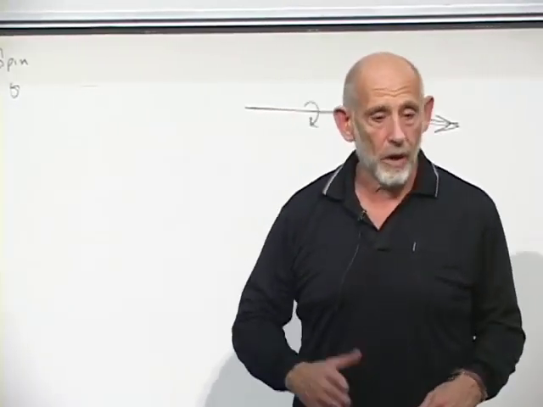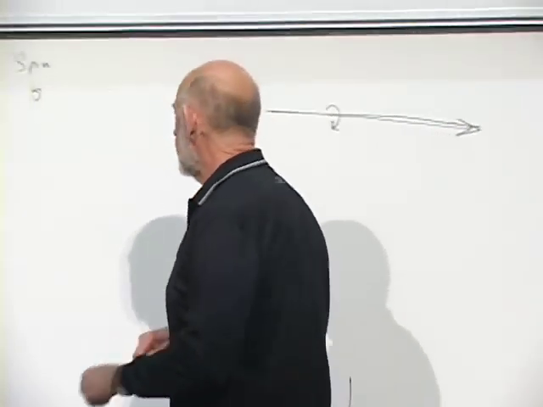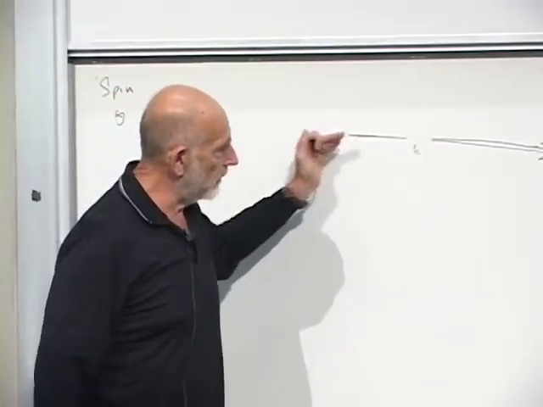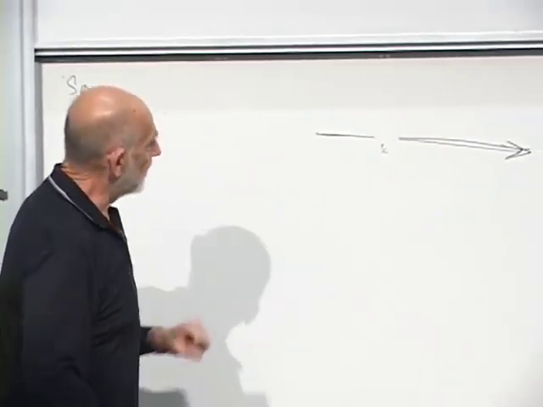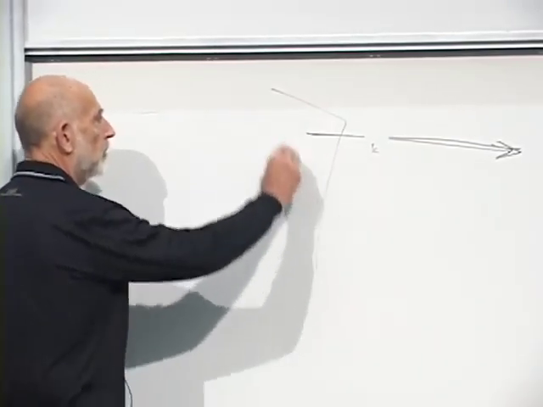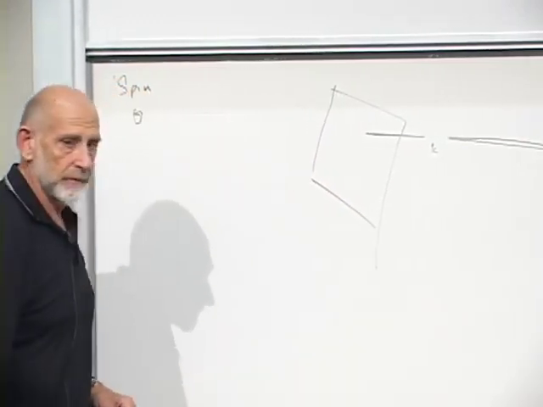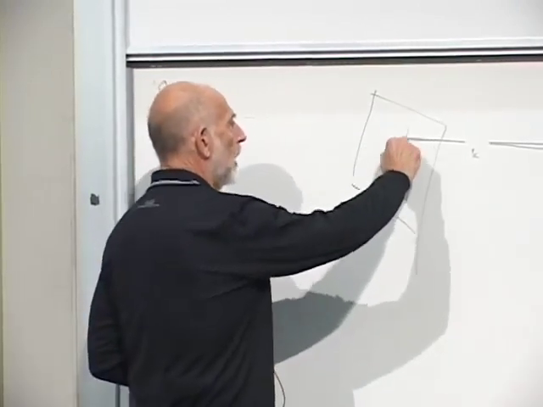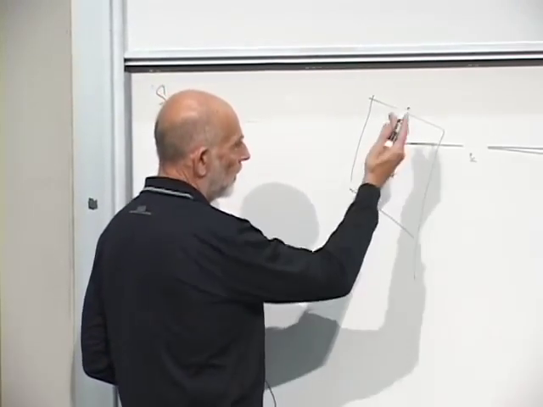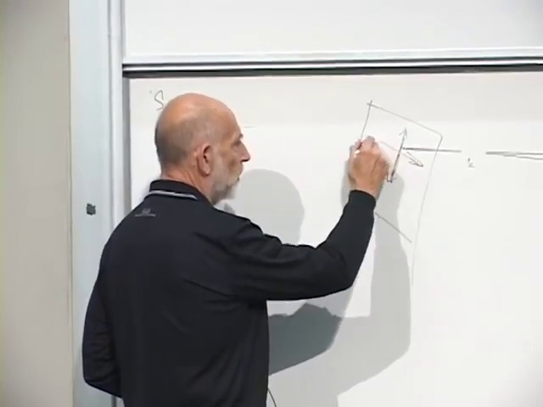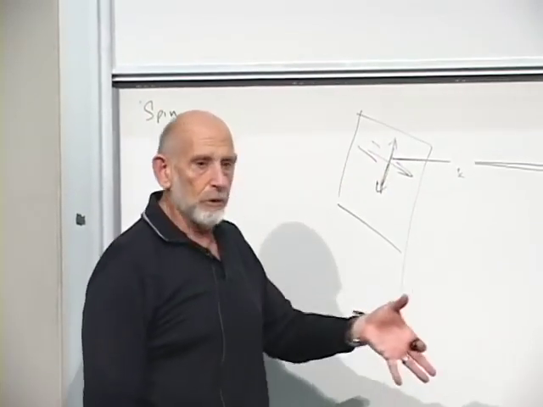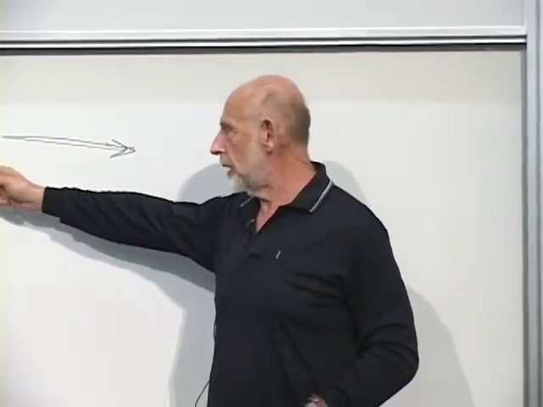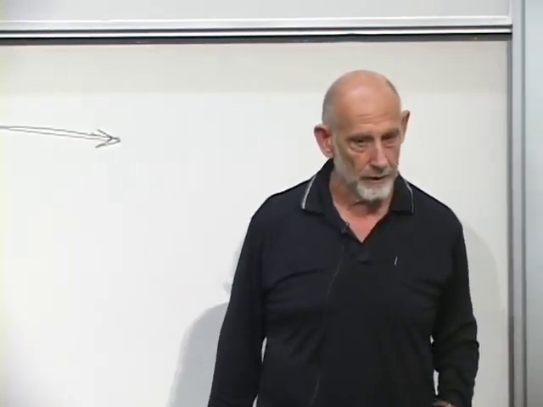And one other point, let's go back to linear polarization. A photon moving down an axis can be polarized. Here's the plane perpendicular to the motion of the photon. If you send it through a plane polarizer, it can be polarized, let's say, along the y-axis, or it can be polarized along the x-axis. The polarization is a vector, but it's a vector which is always perpendicular to the direction of motion of the photon.